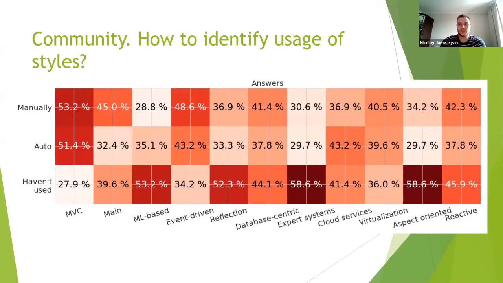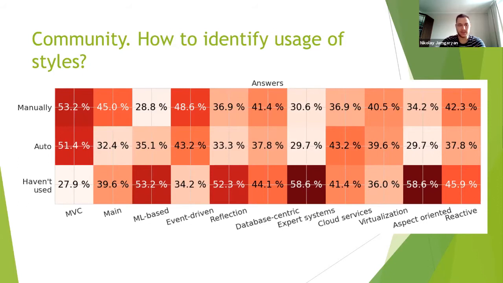Then we chose 11 certain styles and asked developers whether they think it's possible to identify the usage of styles manually or automatically. And the results were astonishing. Here you can see that most of our developers apply these styles in their practice.